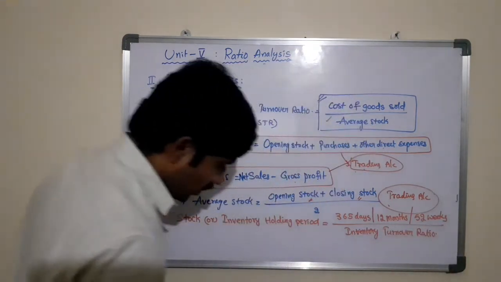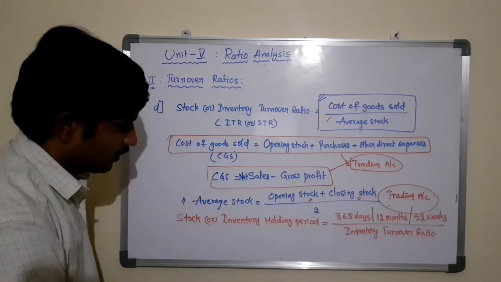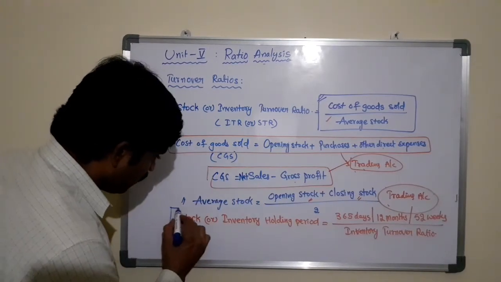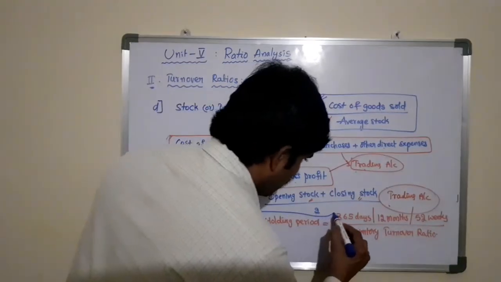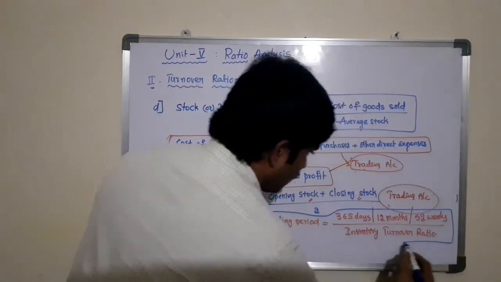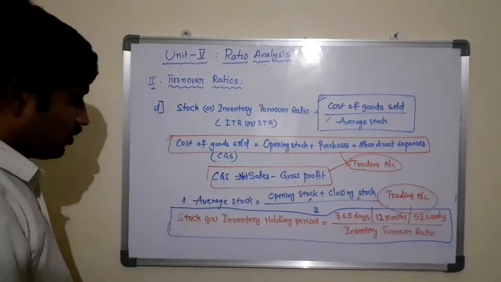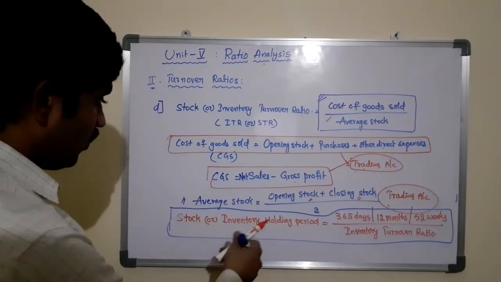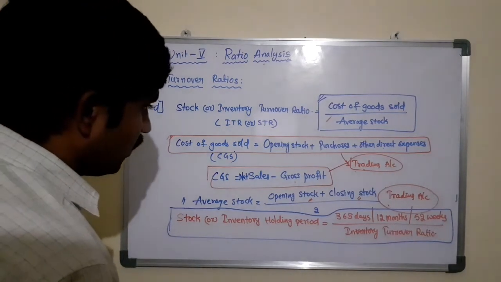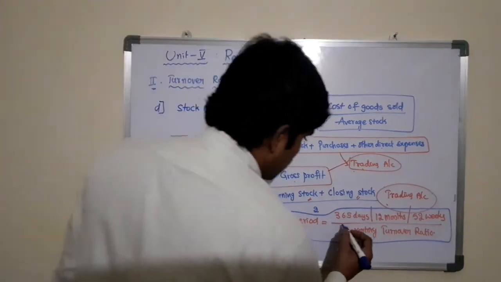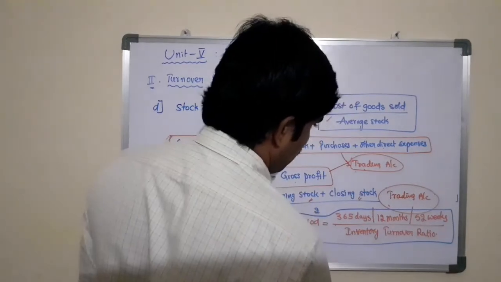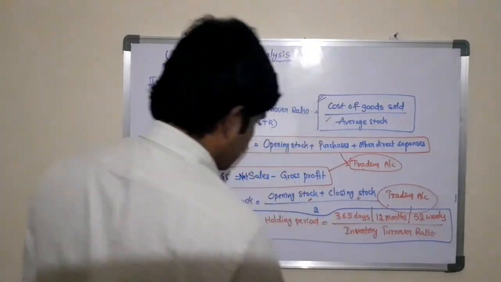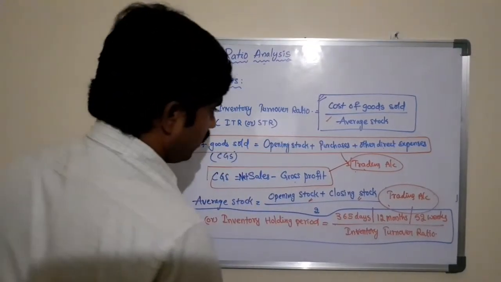So this is the formula used to calculate the stock holding period or inventory holding period. What is the formula? Stock holding period or inventory holding period is 365 days or 12 months or 52 weeks by inventory turnover ratio.